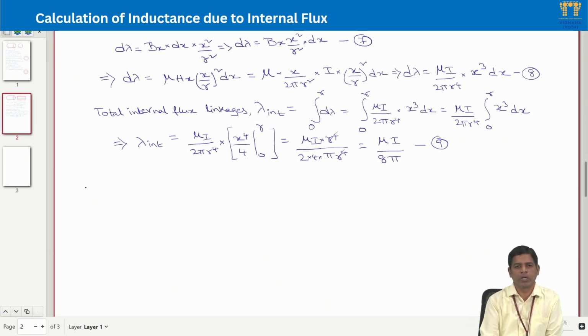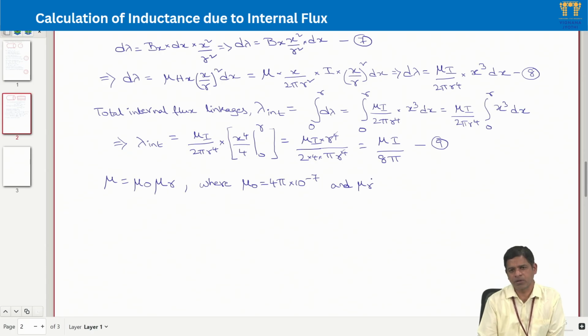Now this permeability mu can be expressed as the product of permeability of free space mu naught and the relative permeability, where mu naught, as I said, is a permeability of free space whose value is 4 pi into 10 power minus 7, and the value of mu r, the material which we are considering is a non-magnetic material for which the relative permeability is approximately equal to 1.